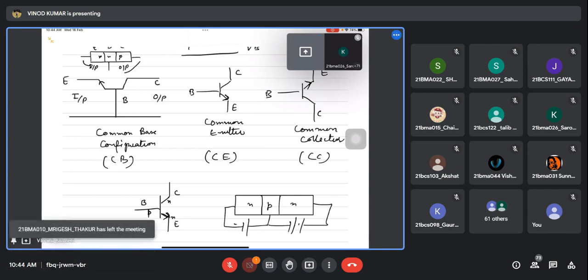So electron will move towards this side and current is opposite to this direction. Am I right?